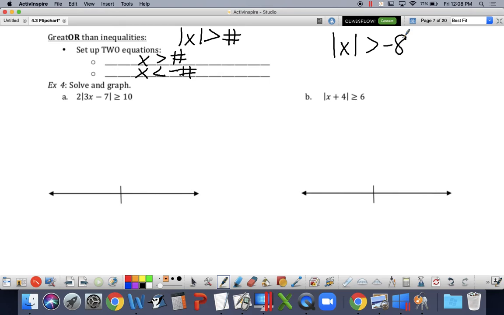What's the absolute value of -10? 10. Is 10 greater than -8? Yeah. So this is going to happen, right? This is always going to be a positive number. Is a positive number always greater than -8? Yeah. So in this case, my solution would be all real numbers. Or, right, -infinity up to +infinity if you wanted to write it that way. So that's the type of trick question you will see if we're talking about greater than numbers.